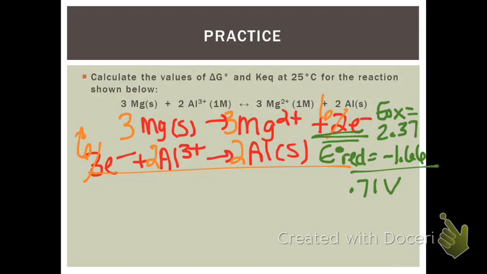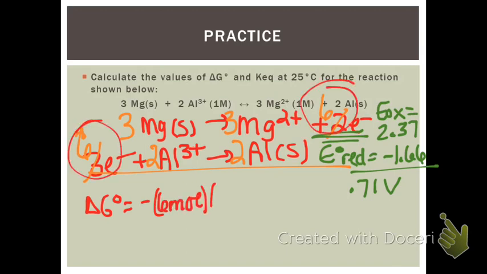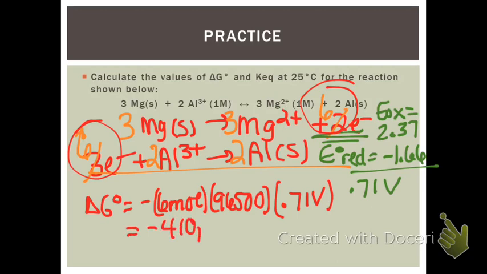To solve for delta G naught, I have to do negative n, which in this one is 6 moles of electrons transferred, times F, times the cell potential. And I get negative 410,000 joules. That tells me it's non-spontaneous, since delta G is positive.